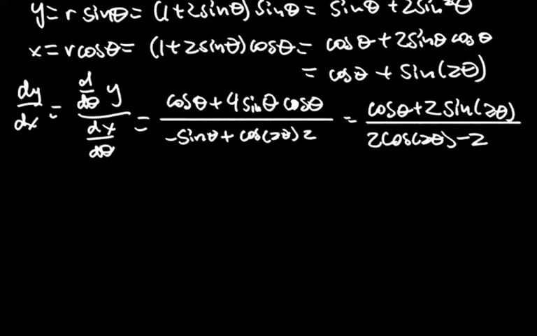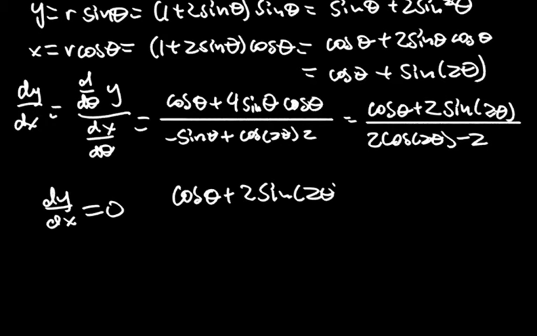All right, so we want horizontal tangent. Horizontal tangent is where dy dx equals 0, right? So that's where the numerator equals 0. Since we don't need the denominator, that's kind of irrelevant in terms of this. So cosine of theta plus 2 sine of 2 theta equals 0.